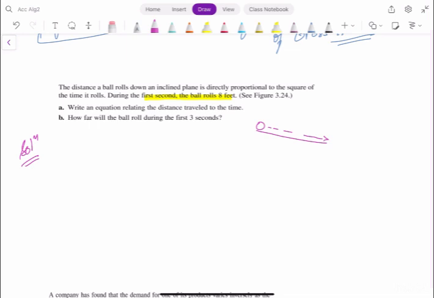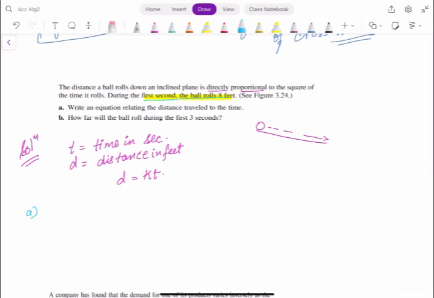Basically, the ball is rolling down an inclined plane. So time is t in seconds, distance is in feet, and because it's the square of time, we can say d = kt squared, because remember t in this case is the variable x.